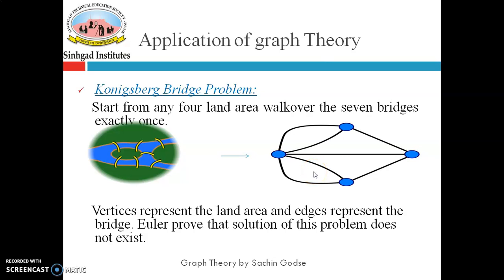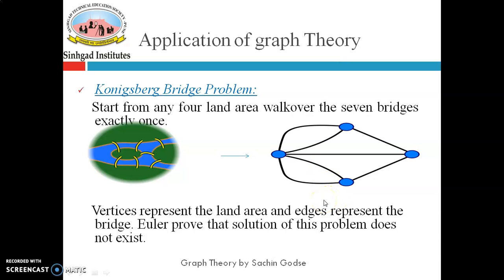We know the condition for the existence of an Eulerian path: there should be 0 or 2 vertices with odd degree. If you see in this graph, this vertex has odd degree, this is also odd degree, this is 3, 4, 5, all vertices have odd degree.